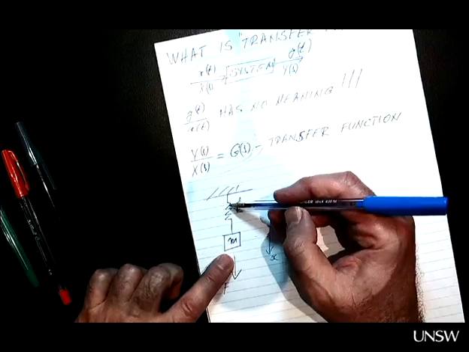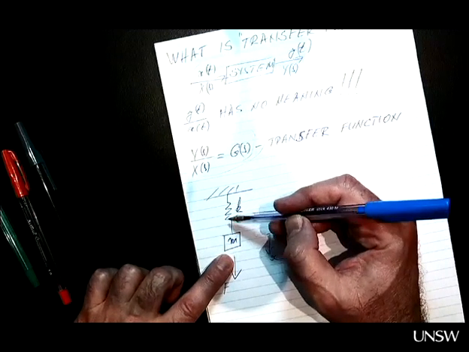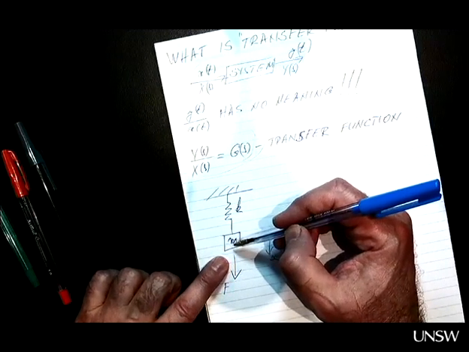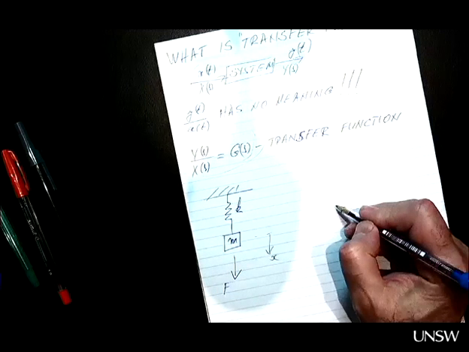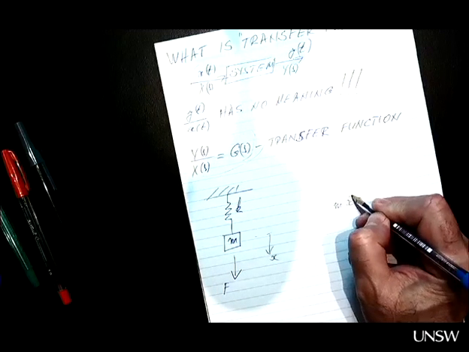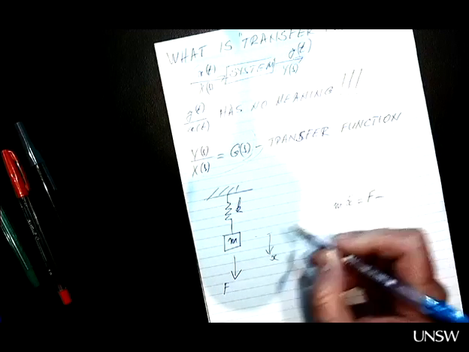Those are the only two forces acting on M, and they will be equal to inertia, m x double dot. So m x double dot equals F minus, but the force in the spring will be equal to Kx.